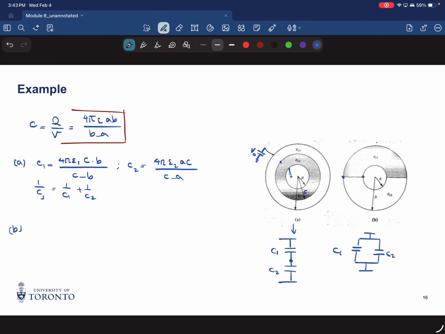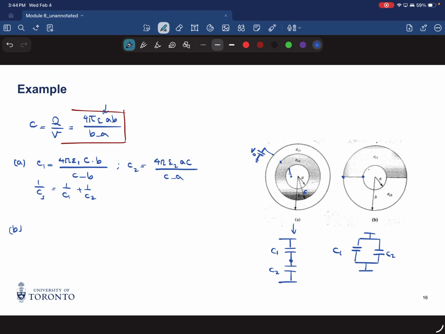In configuration B, this time we can't use this formula because we only have half of the sphere, right? What do you think would change if we had half of the sphere? The enclosed charge, maybe. It would be different on both surfaces because they have different epsilon values.